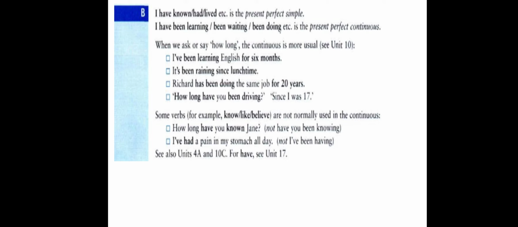So we say, how long have you known Jane? If I answer, a suggested answer, for example, I say, I have known Jane for 5 years, or I have known Jane since 2015.